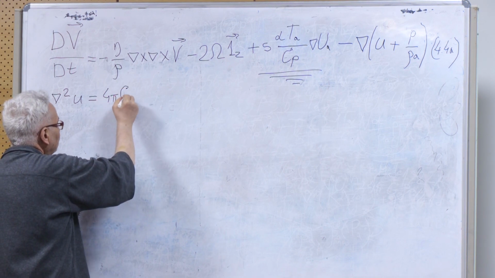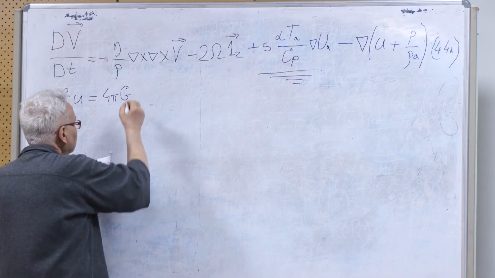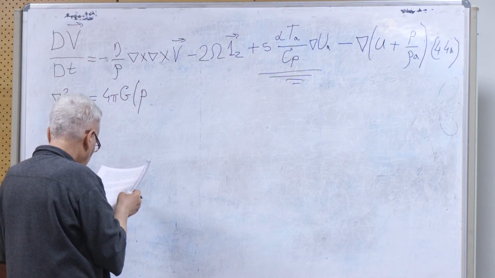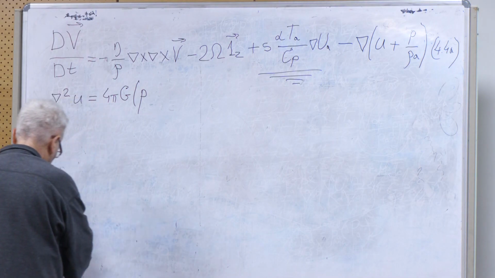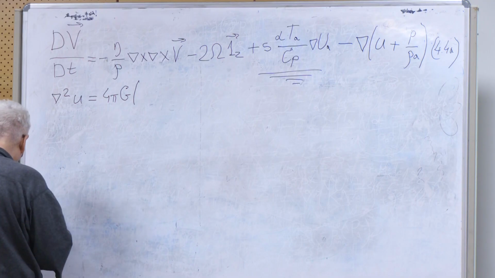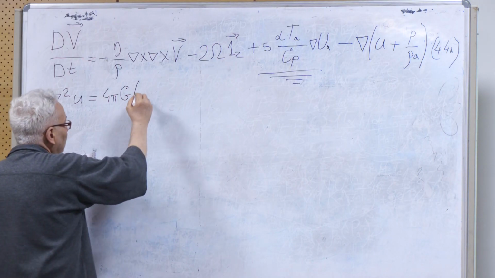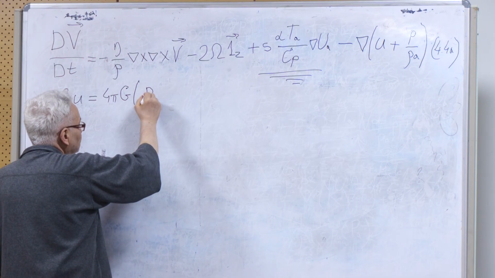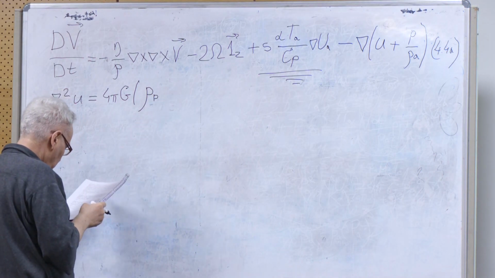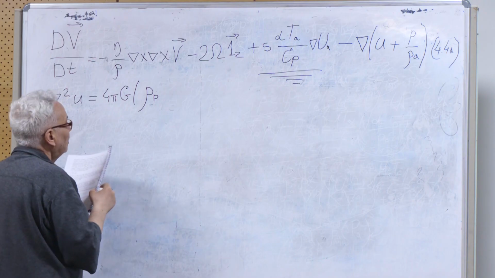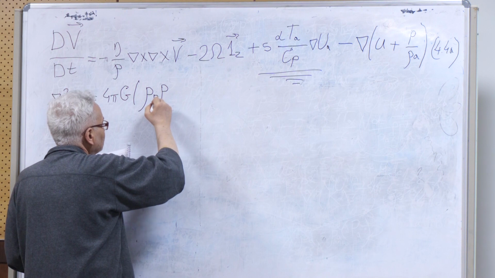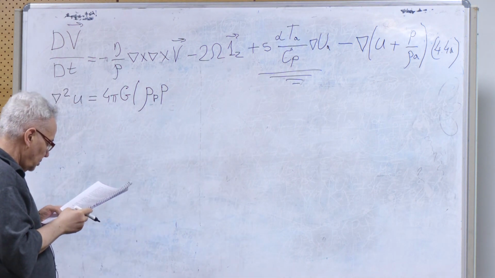Here there is a gravity potential, and here we have the derivative of the density under constant pressure, which is of course multiplied by the deviation of the pressure from the adiabatic state.